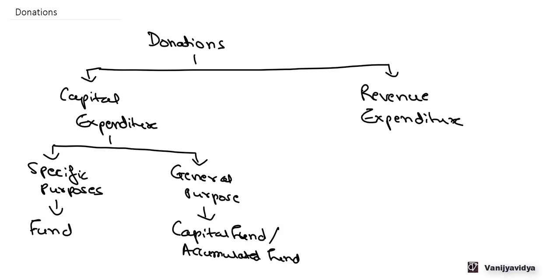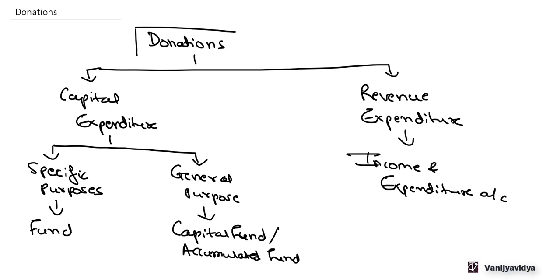Now, if the donations are received for meeting revenue expenditure, then it is accounted in the income and expenditure account. So, we need to find out what is the purpose of the donation, and accordingly we need to account for the donation that is received.